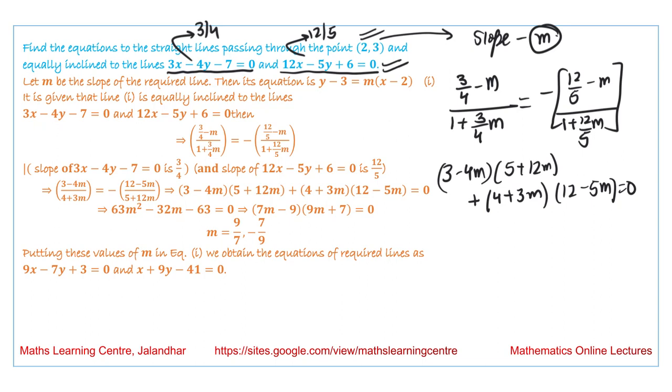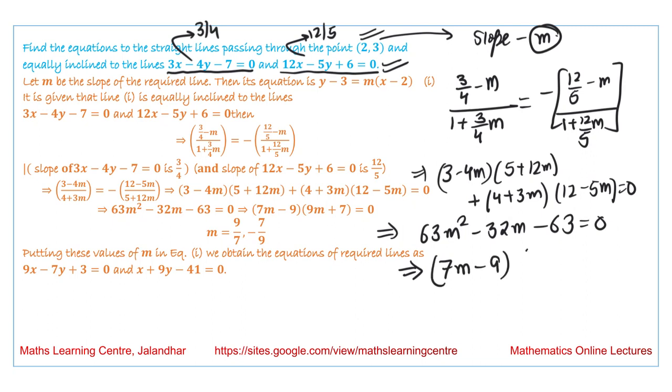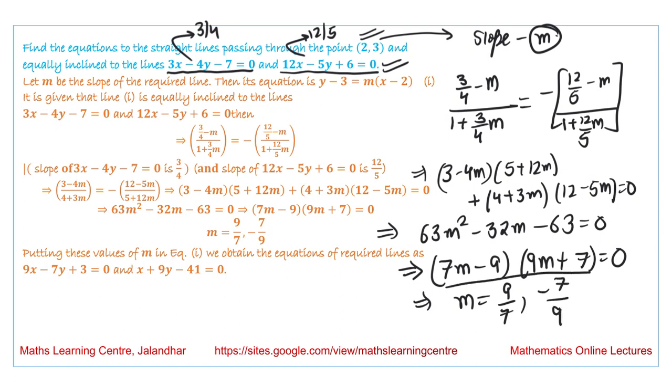On opening these brackets, the equation becomes 63m square minus 32m minus 63 is equal to 0. So this implies 7m minus 9 into 9m plus 7 is equal to 0. So the value of m is 9 by 7 or minus 7 by 9.